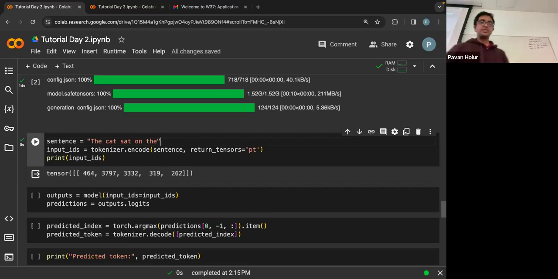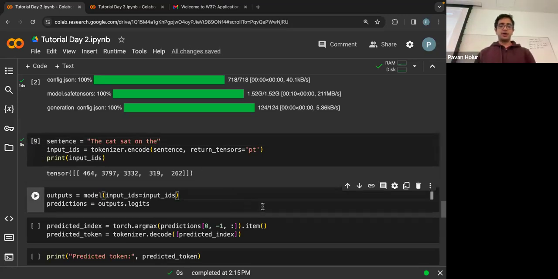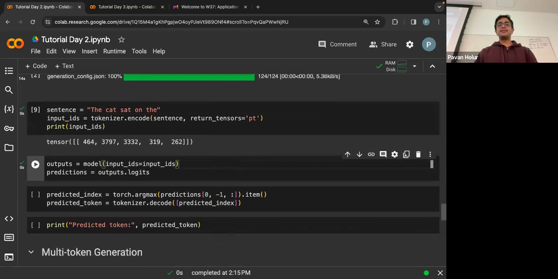So now, once again, we just pass the input IDs into the model. And again, as we discussed earlier, the model will output for you a probability distribution over the entire token space for you to pick the most likely token that follows the input. So the cat sat on, we get a probability distribution across the entire vocabulary.